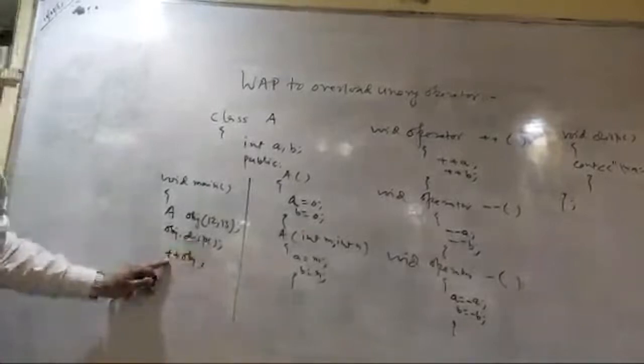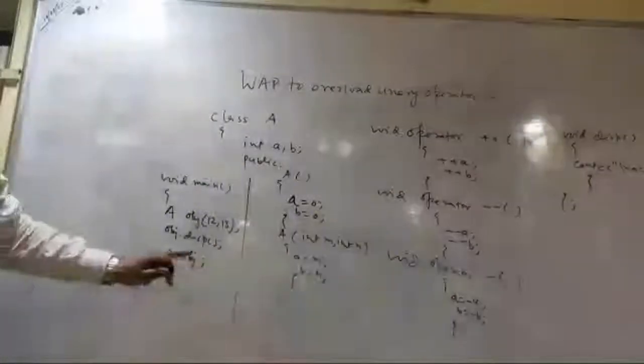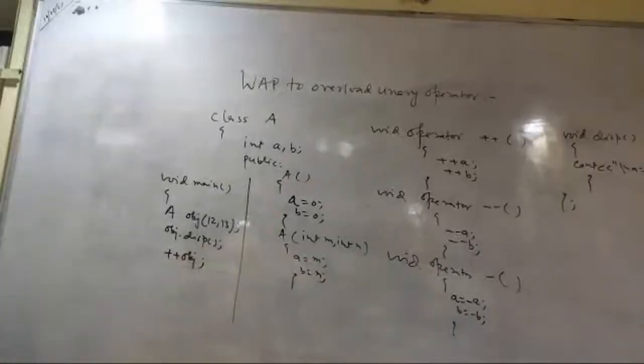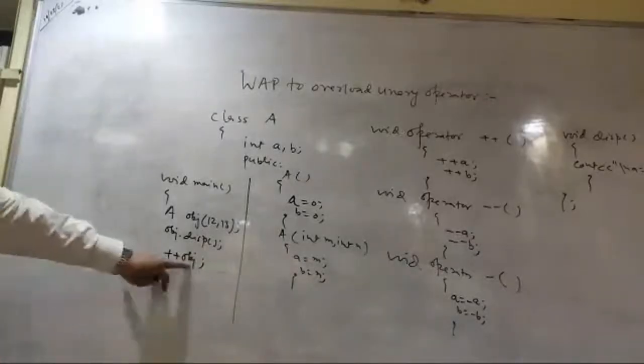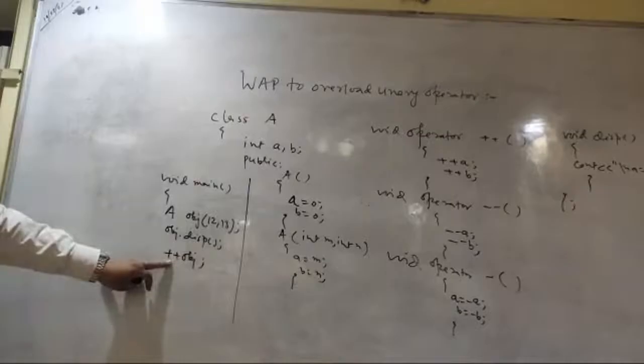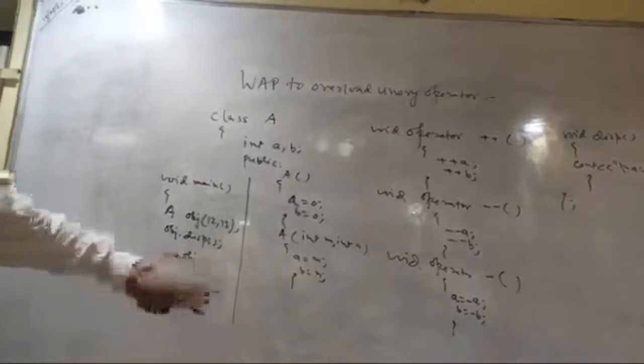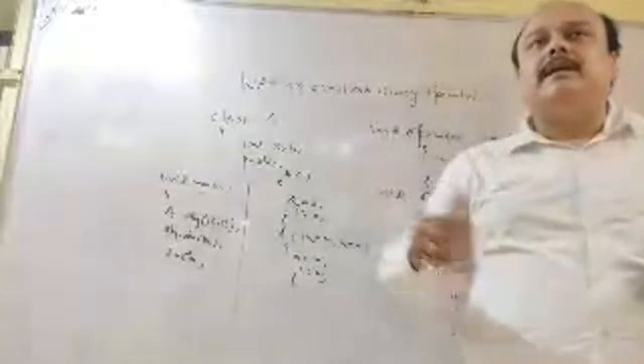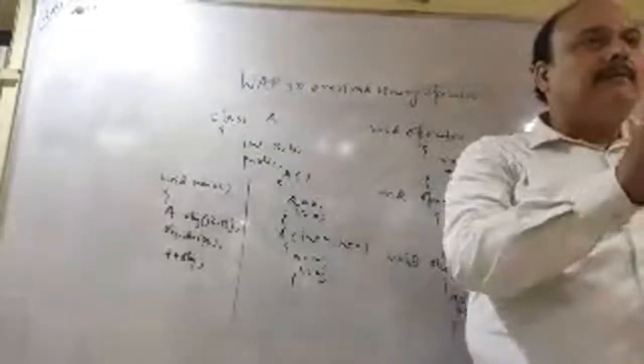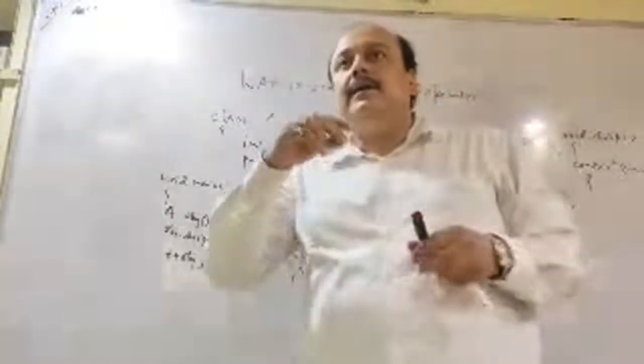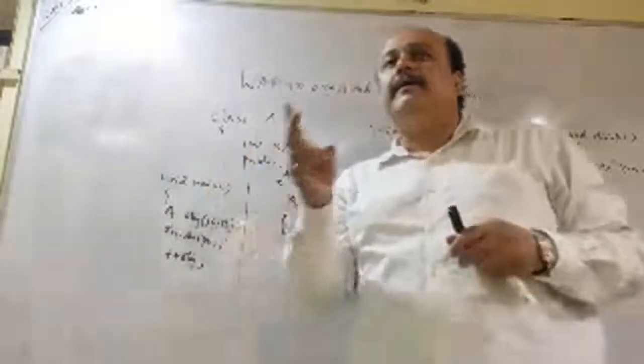Whenever we precede obj with plus plus, we are using unary operator overloading, because a single operand is used along with this operator. After writing plus plus obj, whatever contents exist in the object are incremented by a factor of 1. Here in this example we have two data members, A and B, so both contents are incremented by a factor of 1.